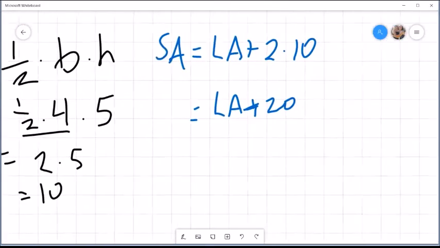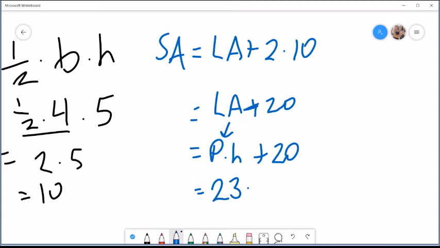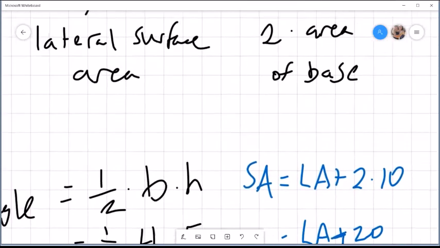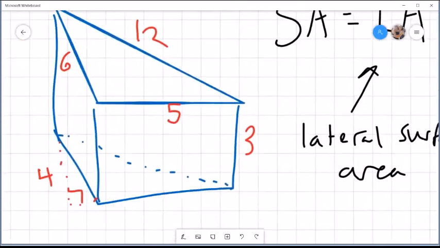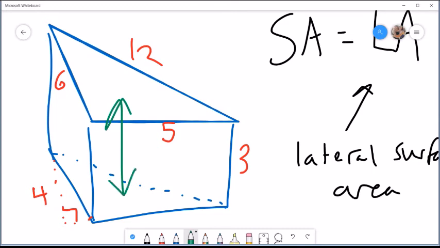So all right, let's add to our lateral surface area. It's perimeter times height. And we have the perimeter, which is 23. All we have left is to find this h, this height. That's the height of the prism. And in this problem, the height of the prism, remember, is the distance between the bases, here to here.